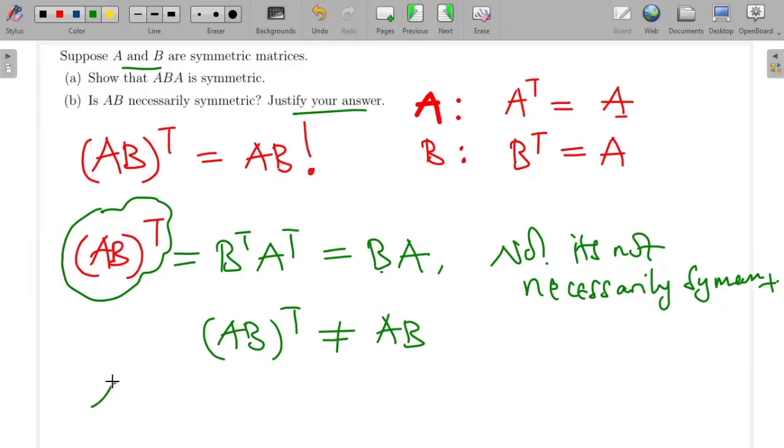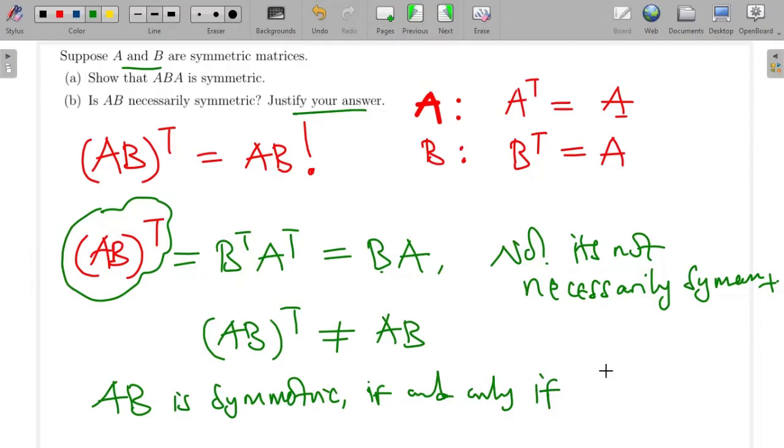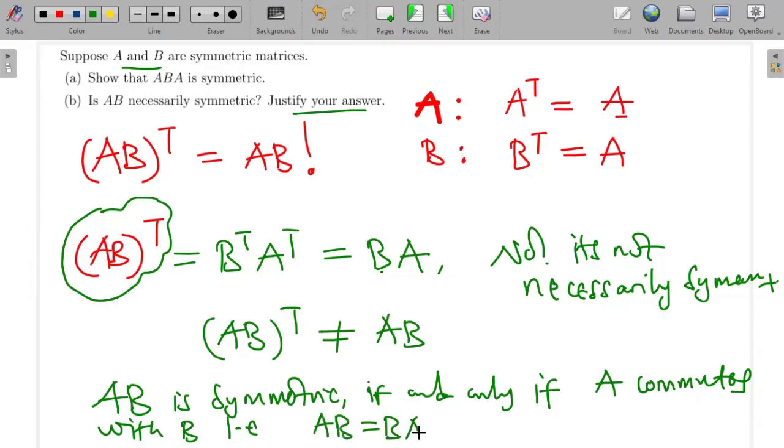So I can say AB is symmetric if and only if A commutes with B. If and only if A commutes with B, i.e., if AB is equal to BA, then we can say that AB is symmetric.